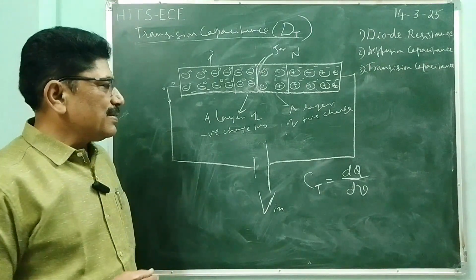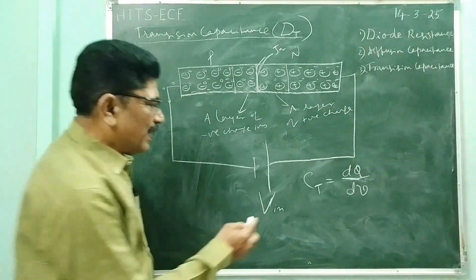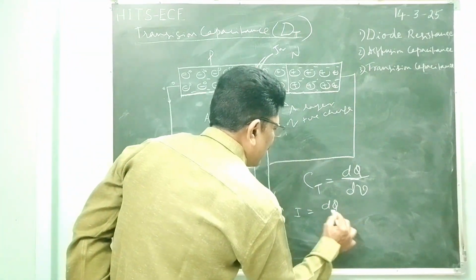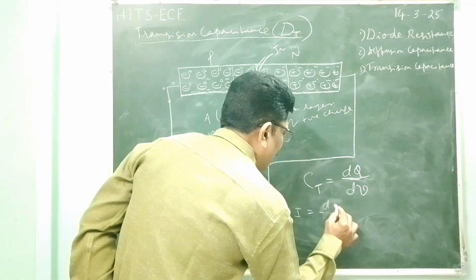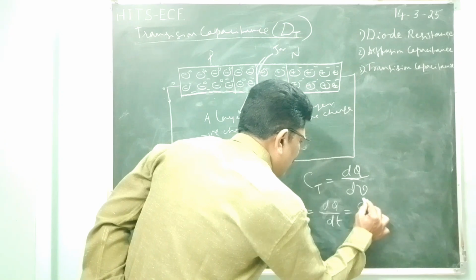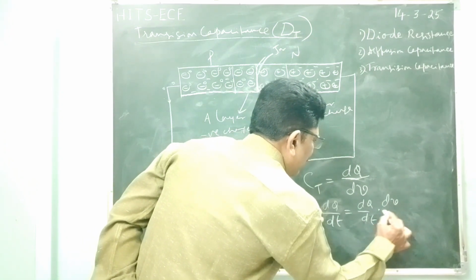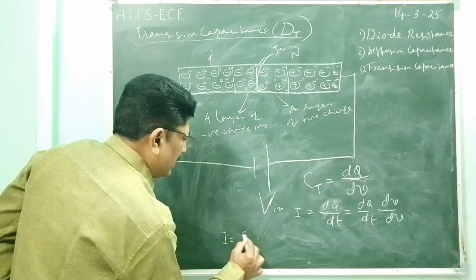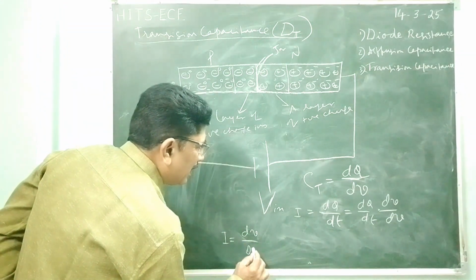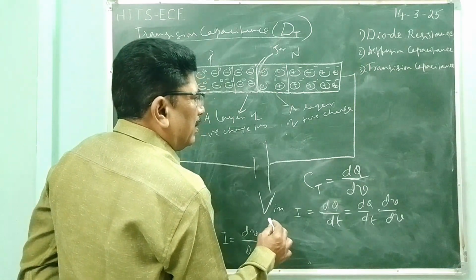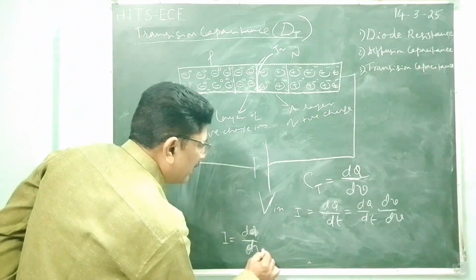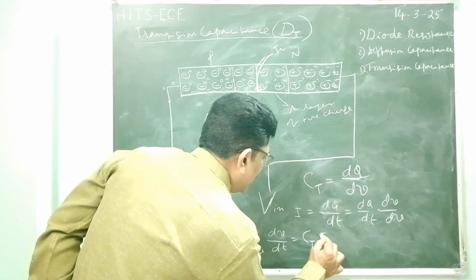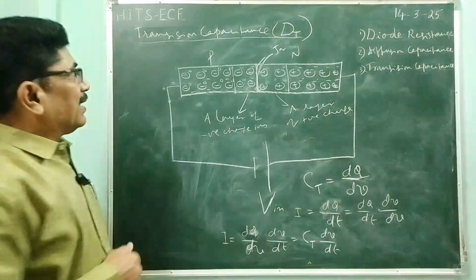We know that current is the rate of flow of charge, that is I is equal to dQ by dt, which is equal to dQ by dV into dV by dt, which is CT into dV by dt. So CT is the transition capacitance.